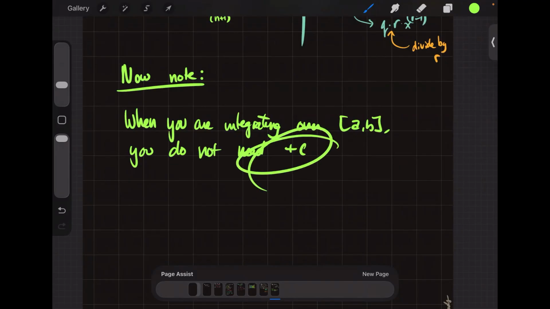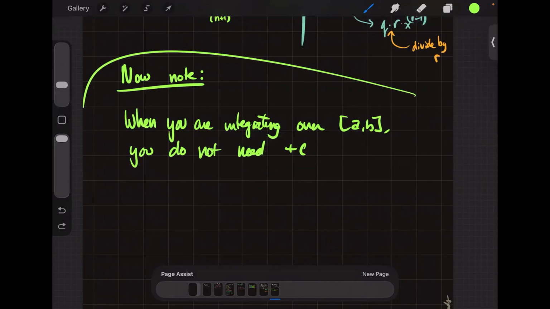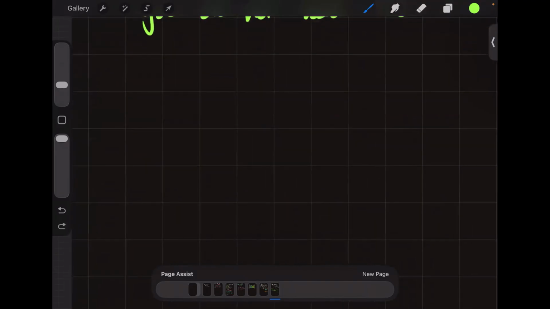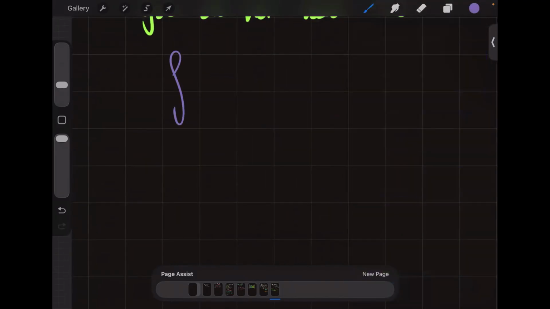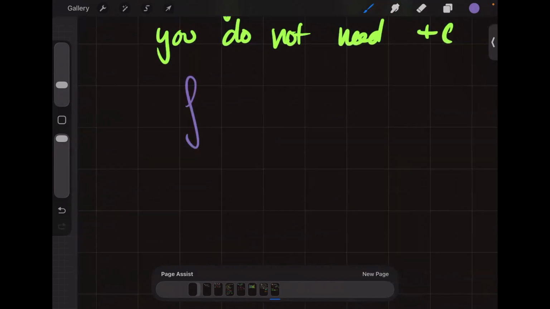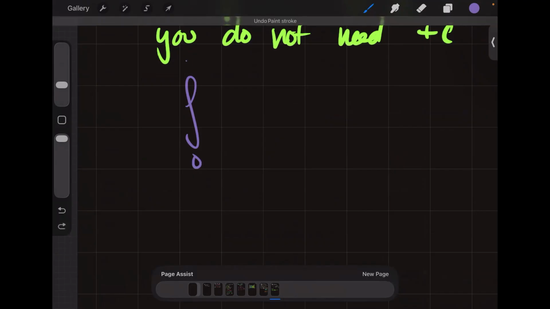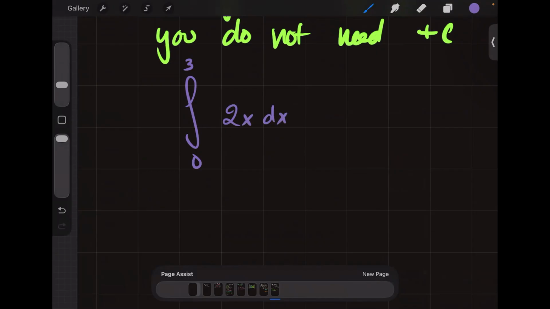We'll talk more about the plus c later, okay? The big picture, the reason is because, let's say we integrate, right? Let's say 0 to 3 of 2x dx. We've done this one before.